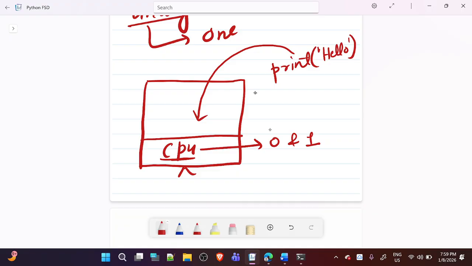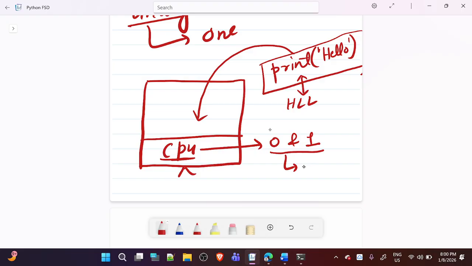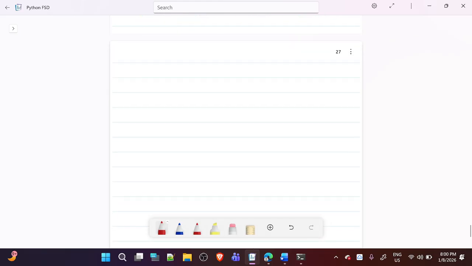This statement will not be understood by the computer directly. Why? Because it is written in human readable language, which is high level language. But the computer understands machine language or binary language, which is known as low level language. So there is no direct communication.